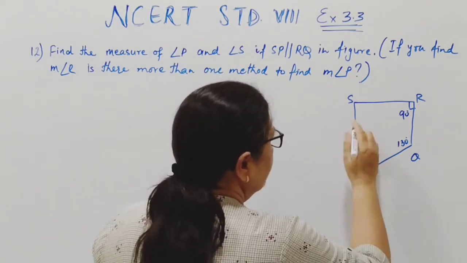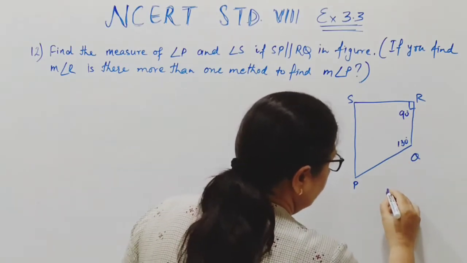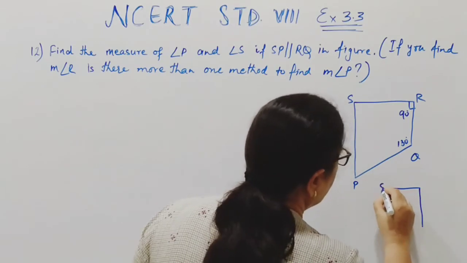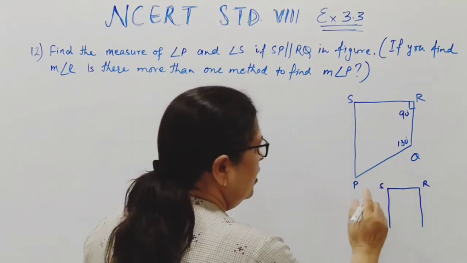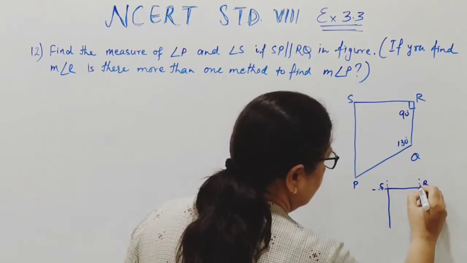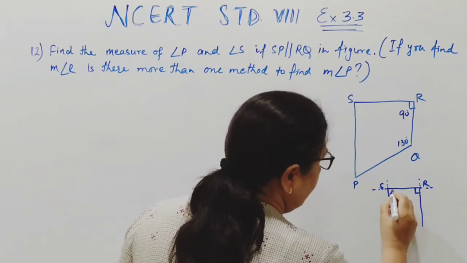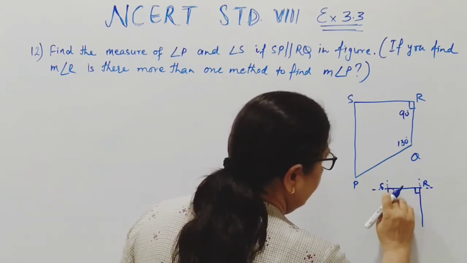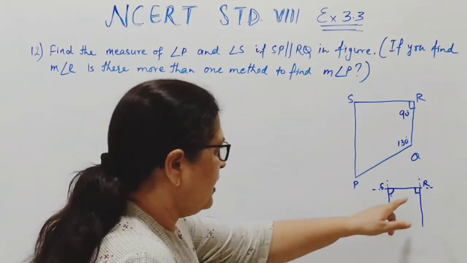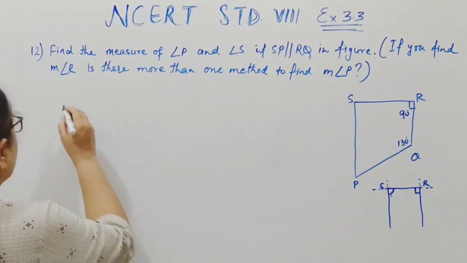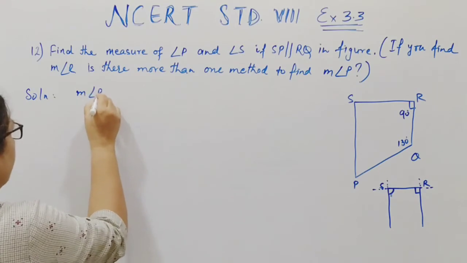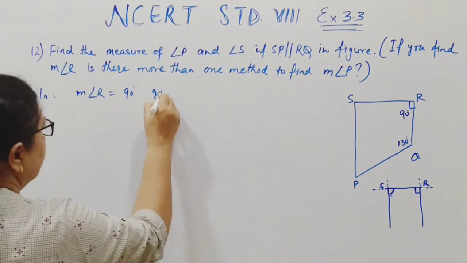So here this SP is parallel to RQ. Therefore, RS is the transversal. Hence, angle R and angle S are co-interior angles. Means they are supplementary. Therefore, we can find the value of S from here. Measure of angle R is given 90 degree.